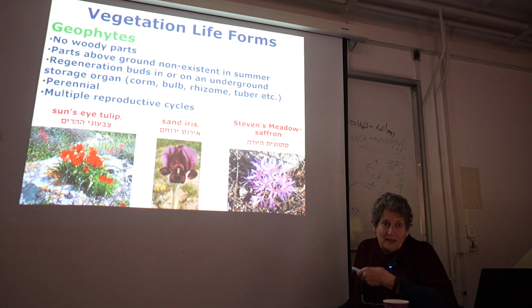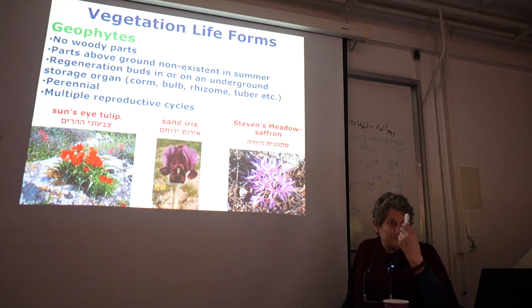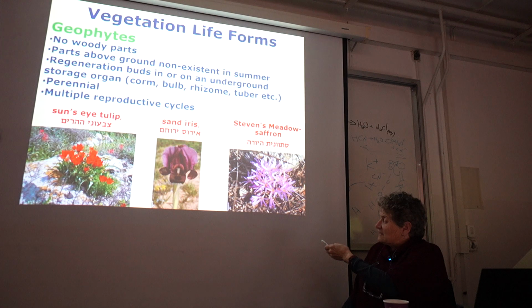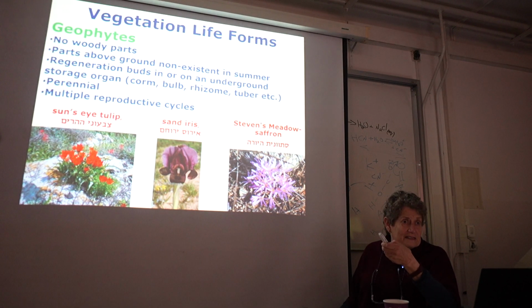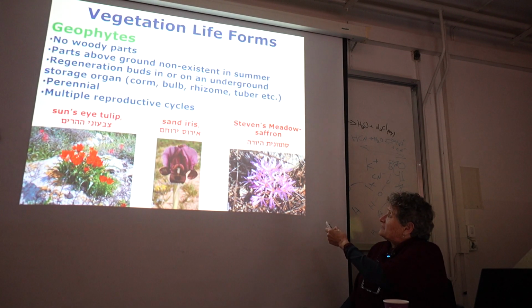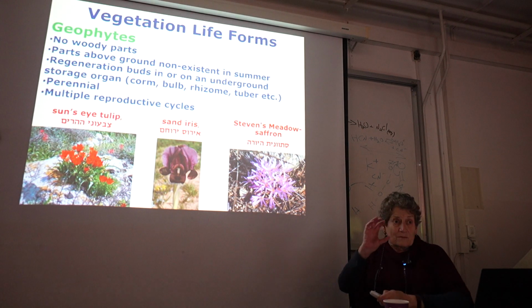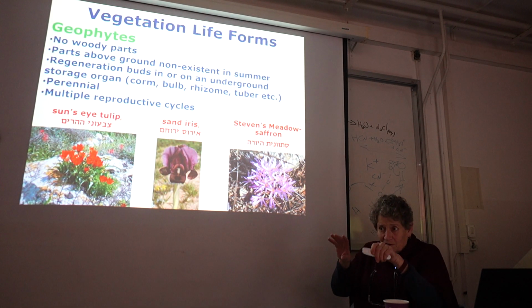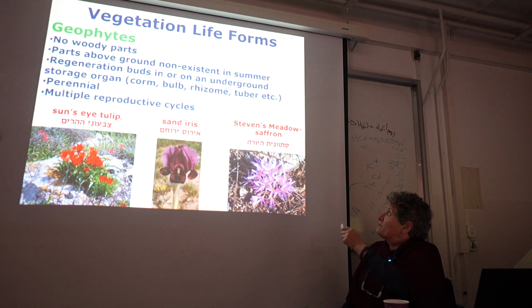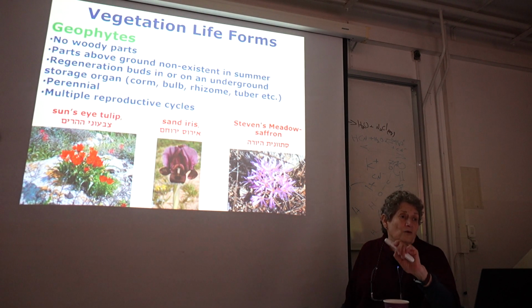But when winter begins, which is usually when it rains, we have the geophytes appearing, and this is one. This is a small flower that's close to the ground, and its Hebrew name is Sitvanit Hayoreh.